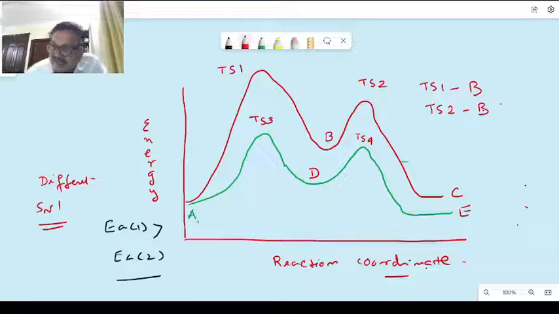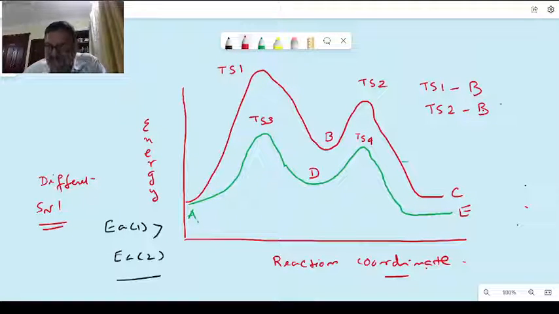Therefore TS2 looks more like B rather than C. Since TS1 and TS2, transition state 1 and transition state 2, are similar in structure to B, the factors that stabilize B also stabilize transition state 1 and transition state 2.